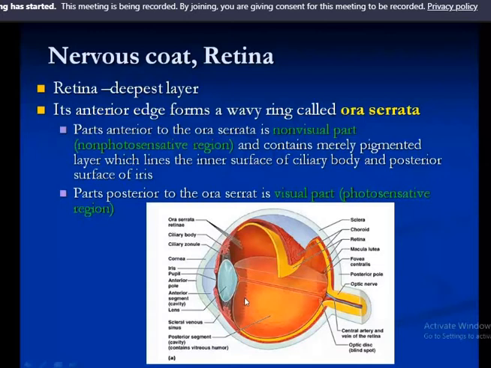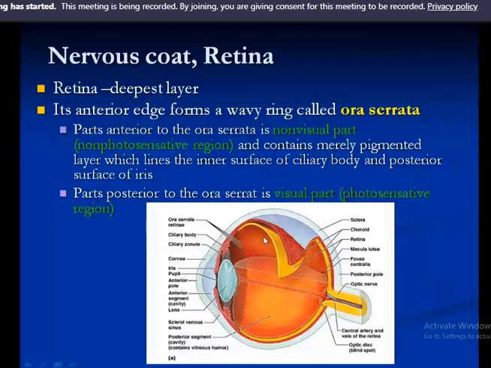The part of the retina present anterior to the ora serrata is the non-photosensitive region, whereas the part posterior to the ora serrata is known as the visual part, the photosensitive region.